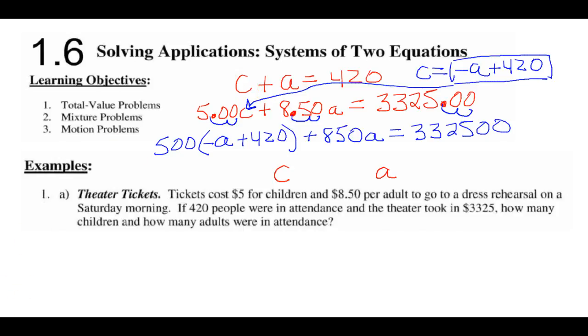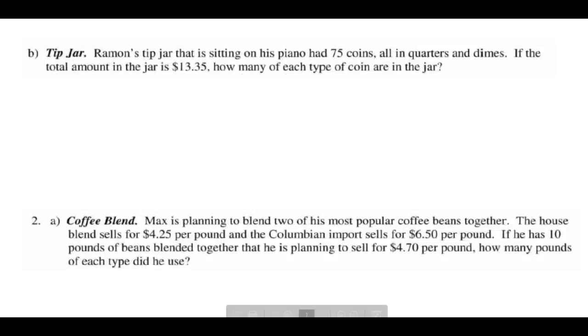Let's go on. Now in letter B, this is very, very similar to what we just did in letter A. So take a moment to read it. You want to decide what letters we can use for the variables that will help us in solving.